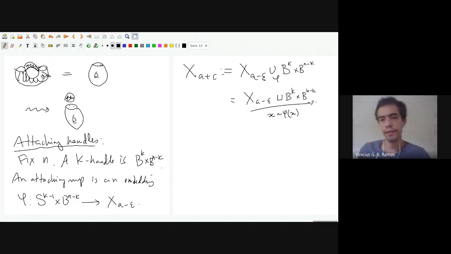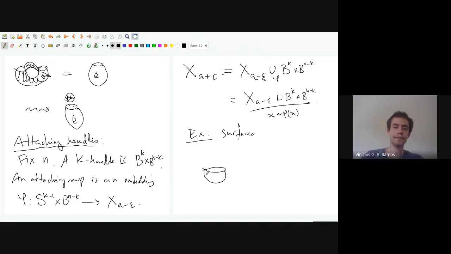Okay, so again, let's look at the examples of surfaces. If I have this disk here, a one handle will be a B^1 times B^1 attached along an S^0 times B^1.